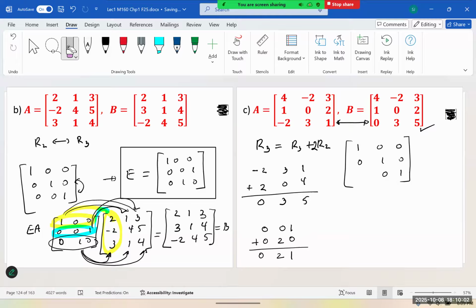So in the identity matrix, the third row changes into 0, 2, 1. Right? Anything? Yep. So this is our E.